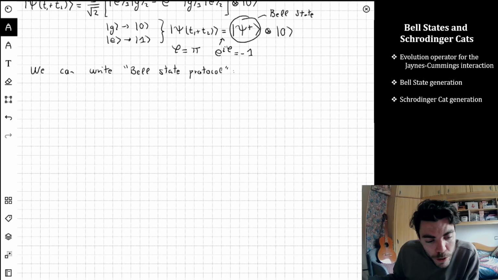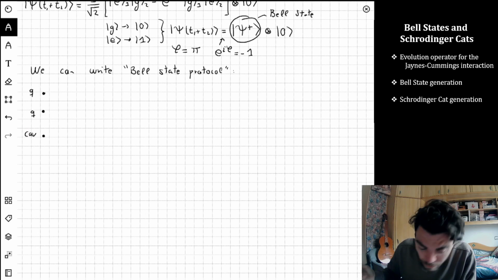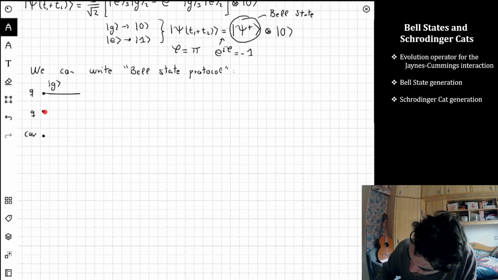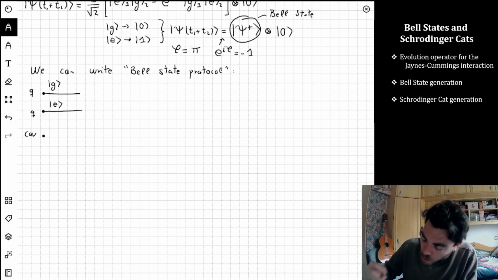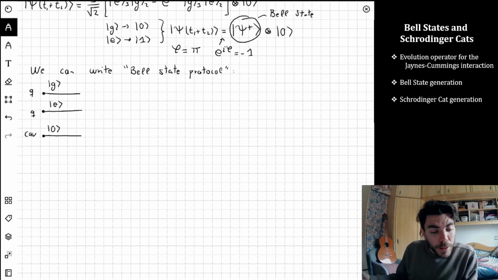But okay, how was this Bell state made? Well, we started with a qubit, another qubit, and the cavity. The first qubit was in the ground state, the second was in the excited state, or the first, it doesn't matter, one of them was in the excited state and the other in the ground state, and the cavity was empty.